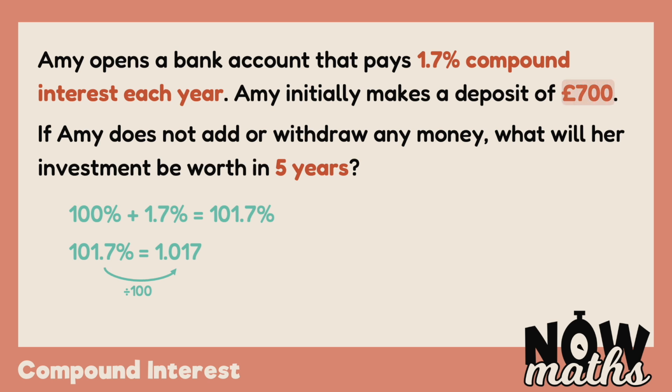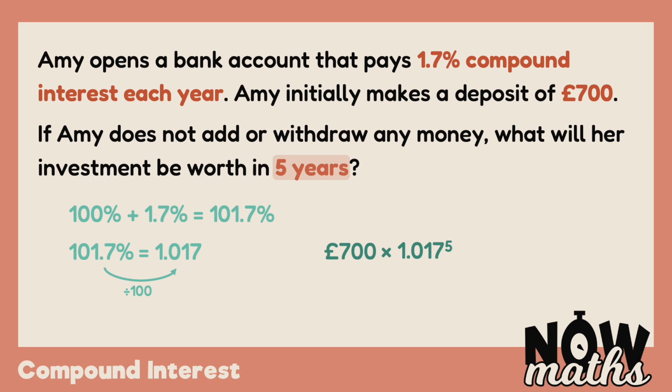So Amy initially makes her deposit of £700. So to increase £700 by 1.7%, we're going to multiply by 1.017. Now, we need to know how much Amy's investment will be worth in 5 years. So we need to multiply by 1.017 5 times. Or we could multiply by 1.017 to the power of 5.